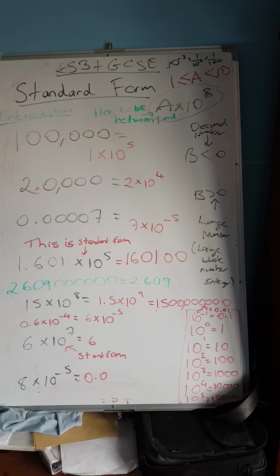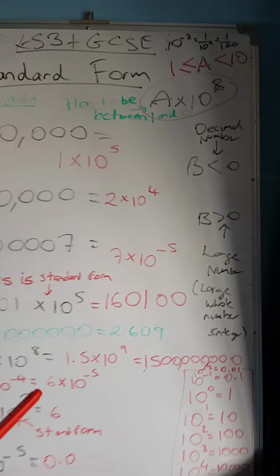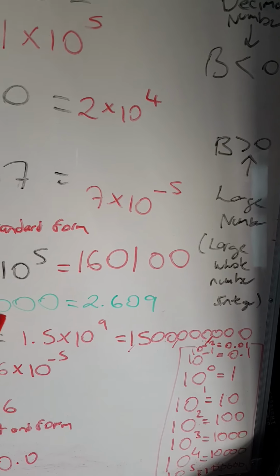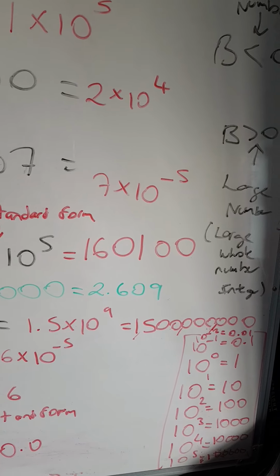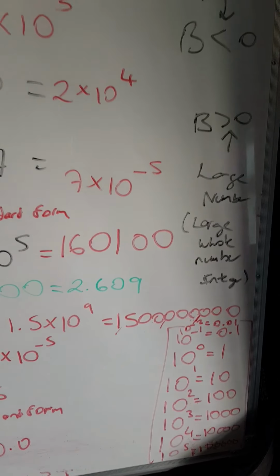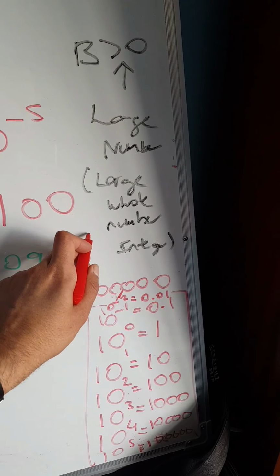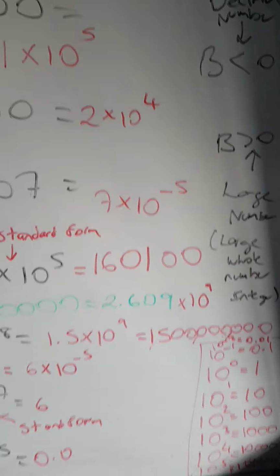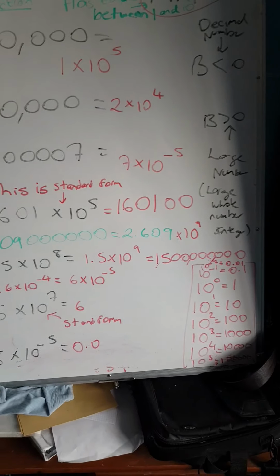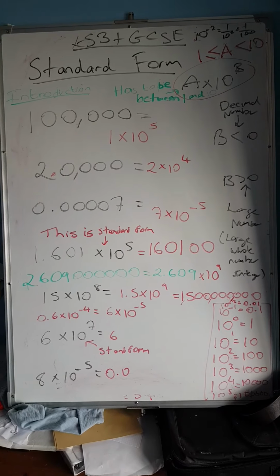It's going to be 2.069 times 10 to the power of, we've got 1, 2, 3, 4, 5, 6, 7, 8, 9. So the answer there would be times 10 to the power of 9. Okay? So that's how I work out my standard form.